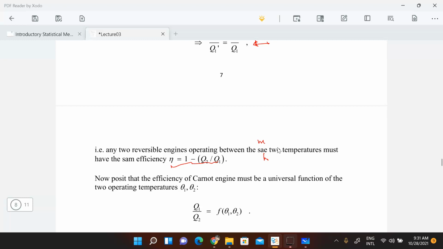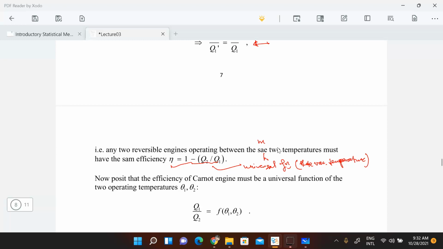It doesn't matter which Carnot engine it is, this function will be the same. A universal function of what? A universal function of the temperatures. The temperature is a state variable, along with pressure.